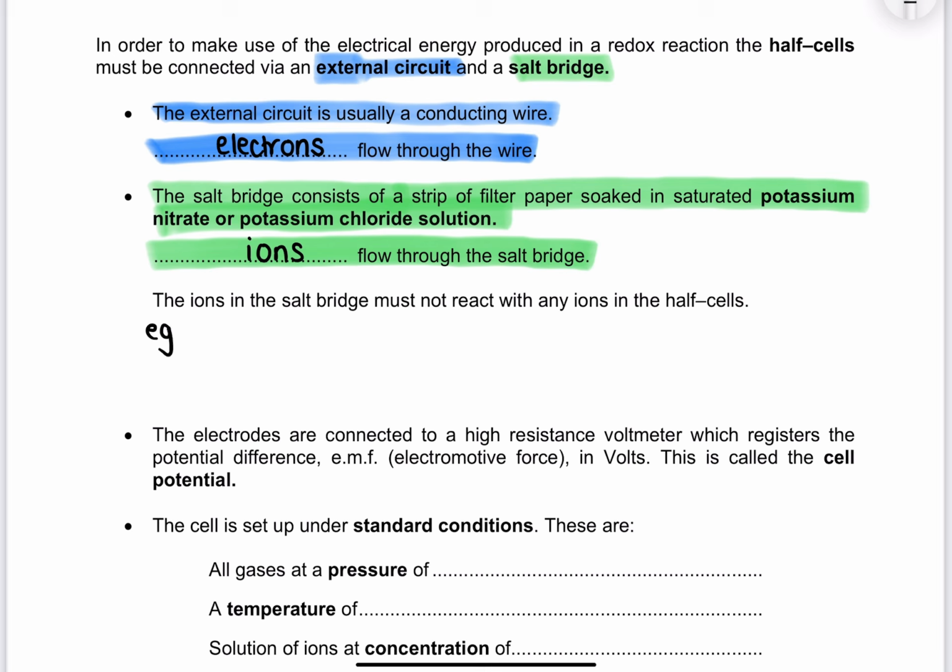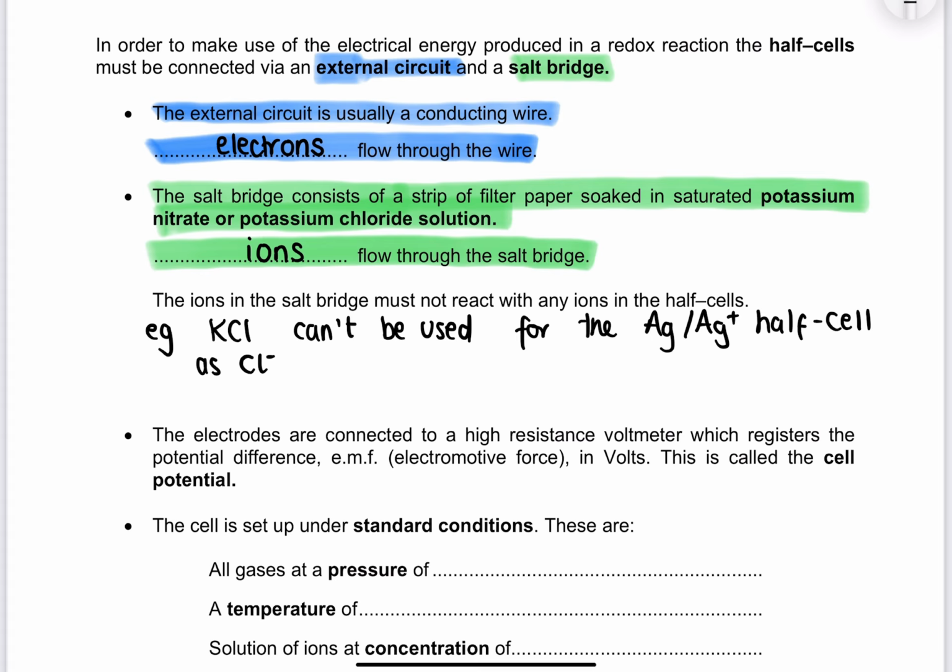So what that looks like in reality is sometimes if we use KCl, it can't always be used. It can't be used for the Ag plus half cell, that's a silver half cell, as Cl minus reacts.